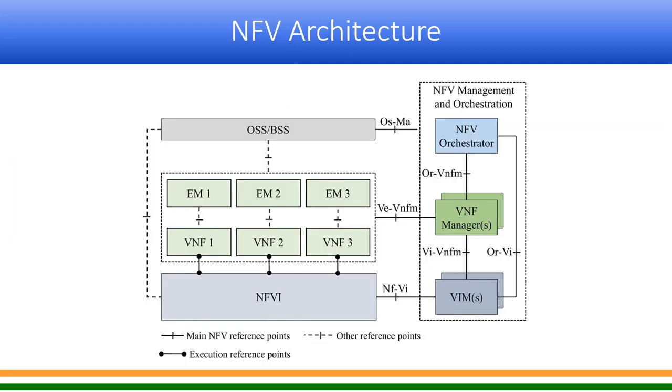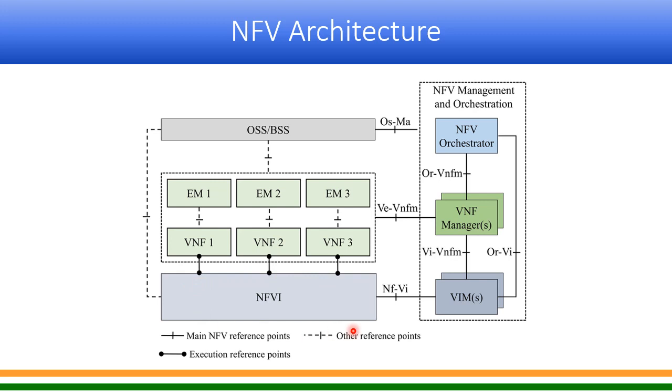Now let's go back to the NFV architecture slightly in detail and talk about functions. As we discussed, on the bottom side we have the NFVI, the NFV infrastructure, consisting of physical server, storage, and networking, and that is virtualized. Then you have virtual compute, virtual memory, and the virtual network.